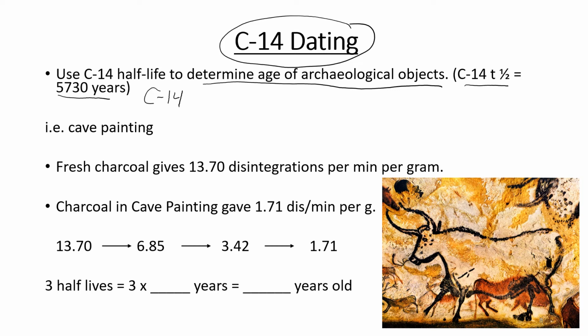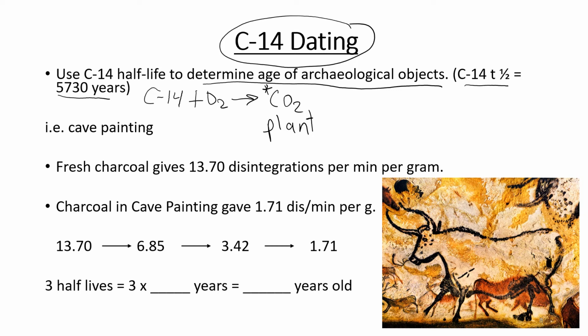And the carbon-14 will react with oxygen in the air and form CO2, which is radioactive. And plants need carbon dioxide, because remember, the plants breathe in our CO2 when we exhale, and then they create oxygen for us.